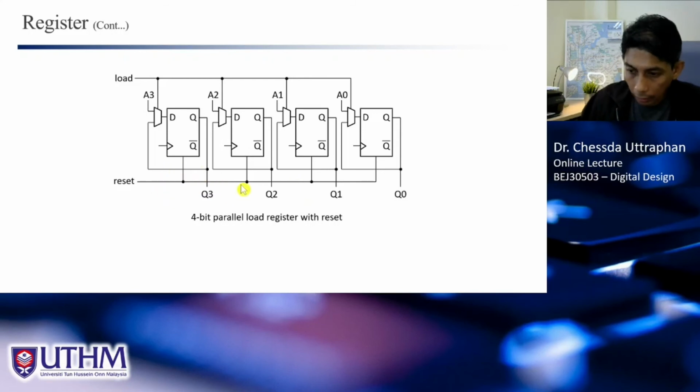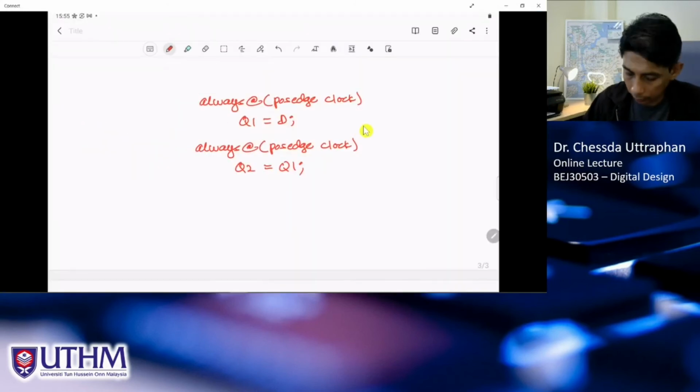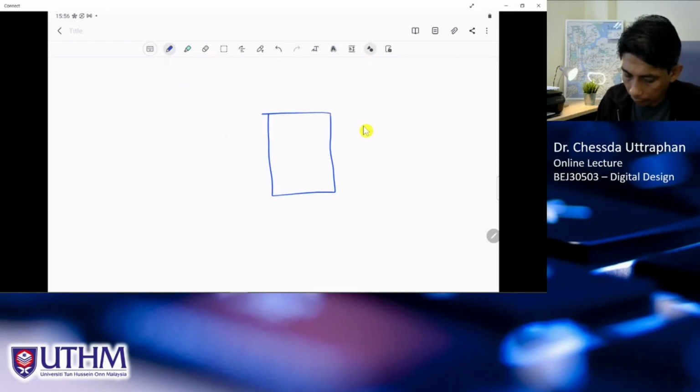So for example, we want to create flip-flops that will load the data only if we allow the flip-flop to read the data, to get the data in. So what we do is actually this.